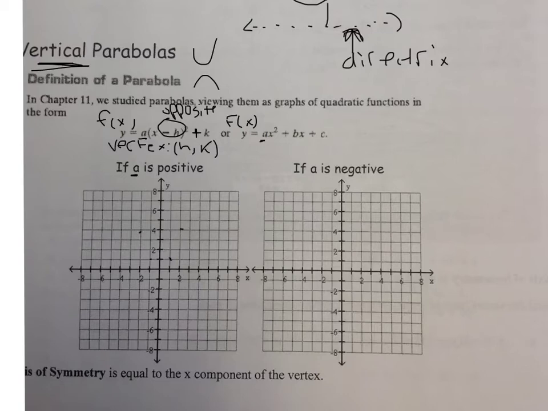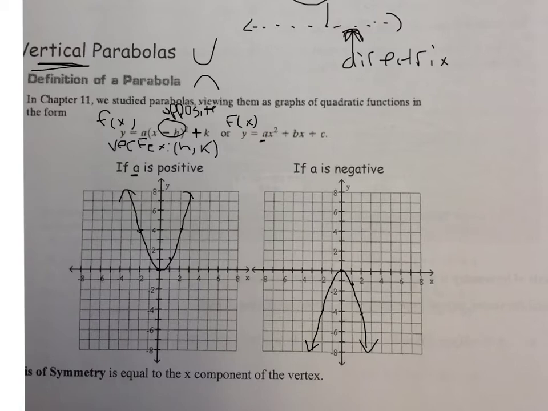So we could do (1, 1), (2, 4), (negative 1, 1), (negative 2, 4), and (0, 0). If a is negative, you get just the opposite. It's going to open downward. So (0, 0), (1, negative 1), (2, negative 4), or (negative 1, negative 1), (negative 2, negative 4), and it would go on from there.